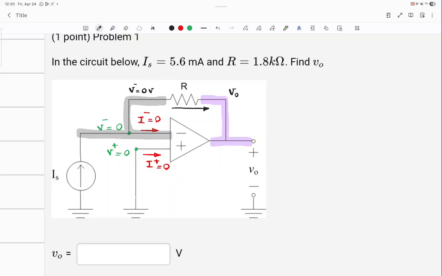You're trying to give me an expression for current, but I'm saying that the current passing through R is actually some very obvious value on the circuit. IS. And can you give me a reason why? See, IS is coming up, then to the right, then it has 2 branches. How much of that goes to the op amp? 0. So all of it goes up to the resistor, okay? So that is IS.